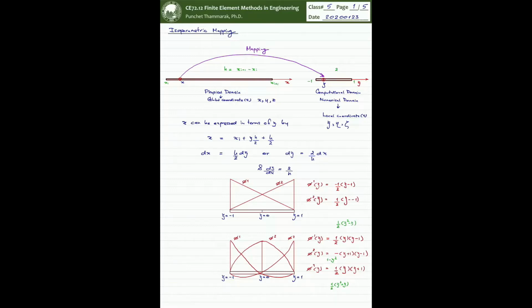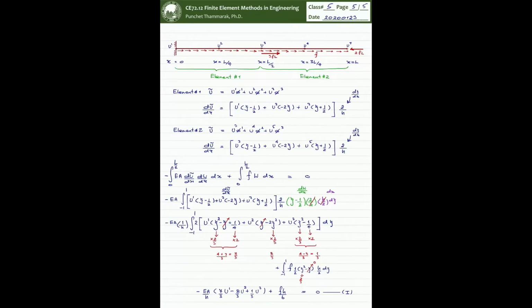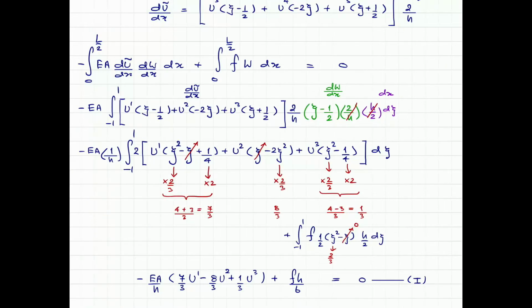So we will look into a better way to integrate the functions in your weak formulation. Right now, mostly we have polynomials in our formulation, so we basically just integrate the polynomials. Alright?